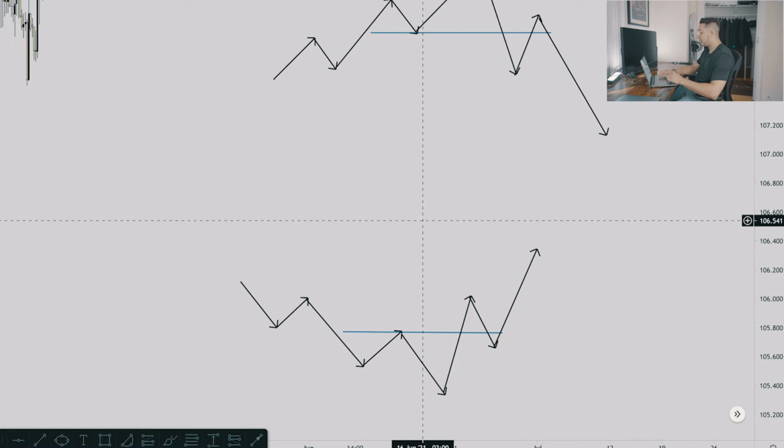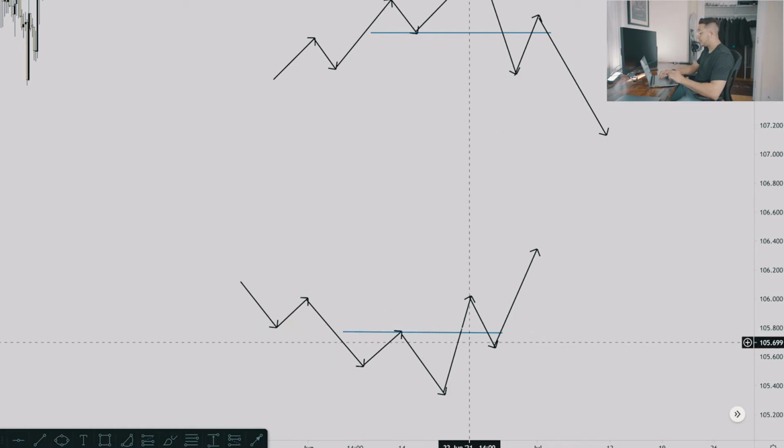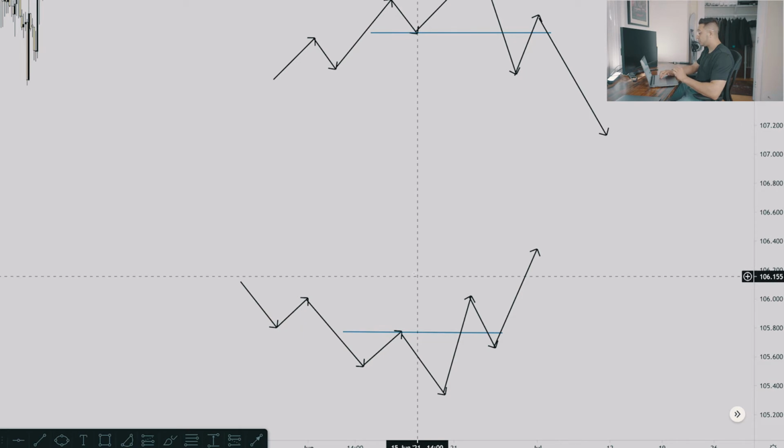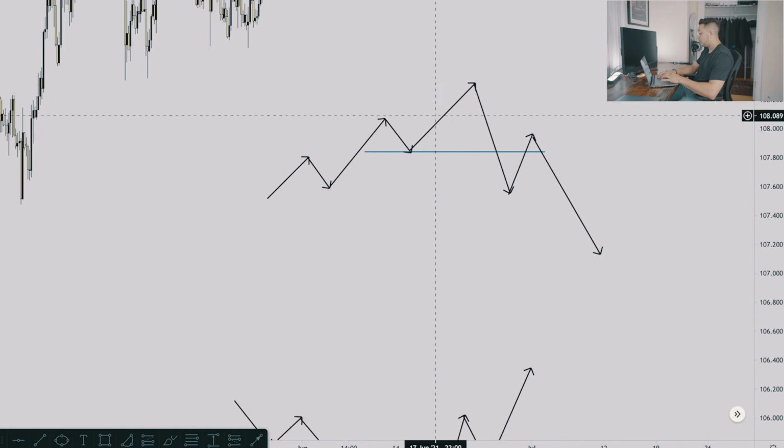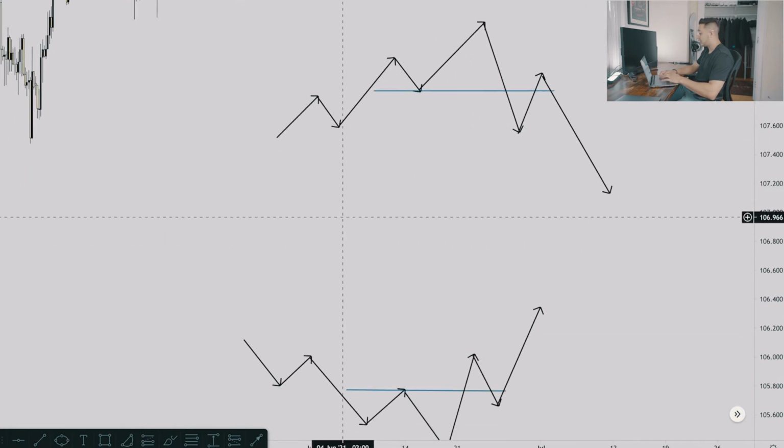Now why am I bringing this up? It's imperative you understand this, because we're only building on top of things. On the higher time frame, there weren't that many structure breaks in the example I showed. There was one, in this example right here, when it went from an uptrend to a downtrend. I showed that towards the end of the last video.